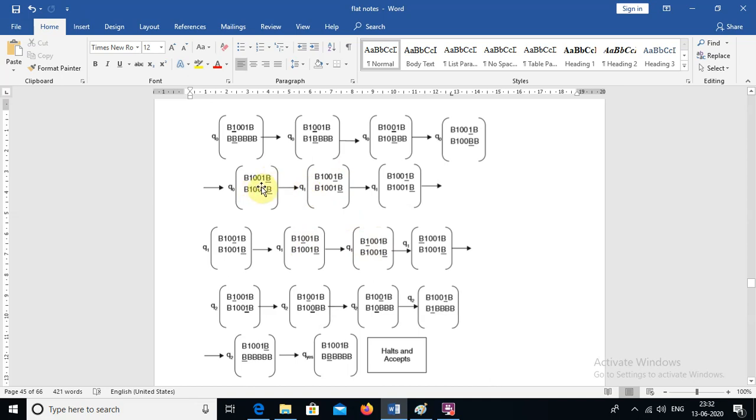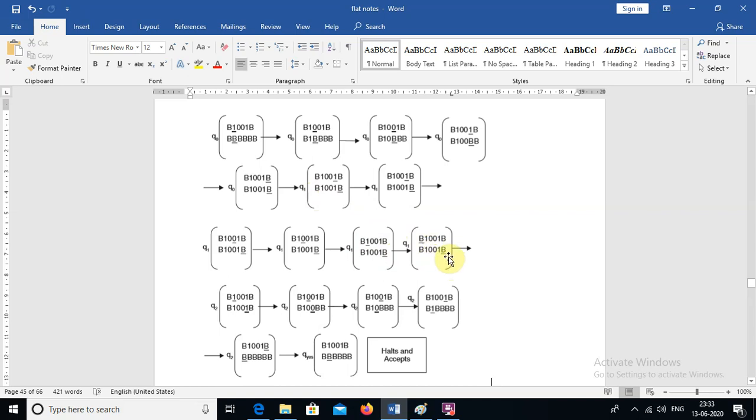Till here we move to the right side, but here we move to the left side. Okay, we change the direction, right? That's why we can change the state also. Okay, here we reached the leftmost position in the first tape and the rightmost position in the second tape.